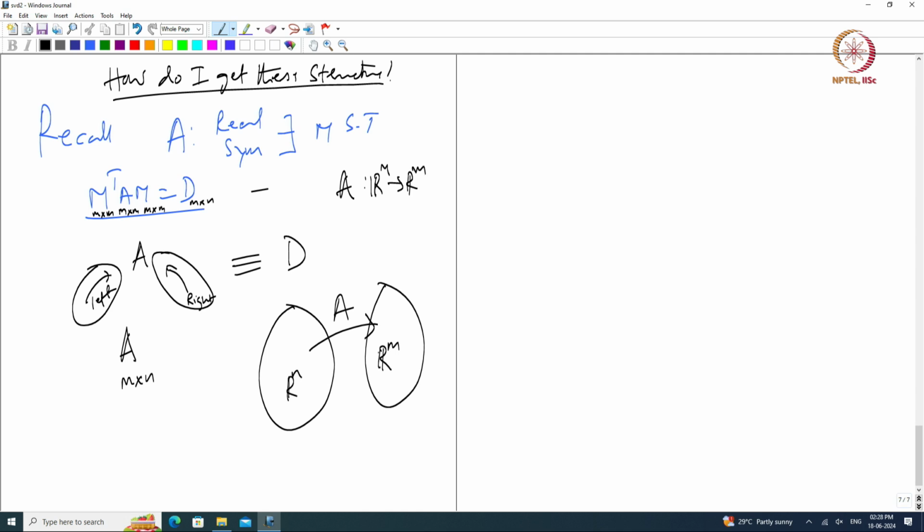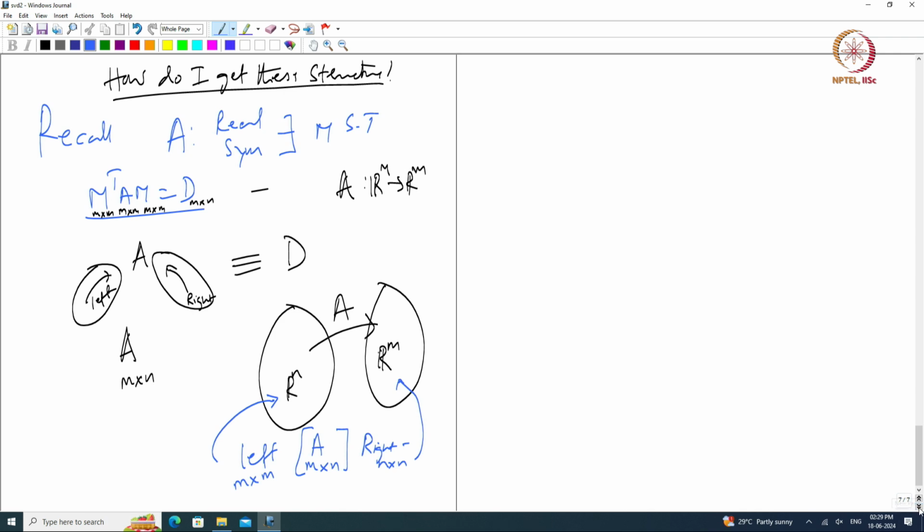So, here similarly I need something from the left to operate on A, which is m cross n. I want something on the right to operate on A, but the left one has to be m cross m, and the right one has to be n cross n. The n cross n sits here, the m cross m sits here.